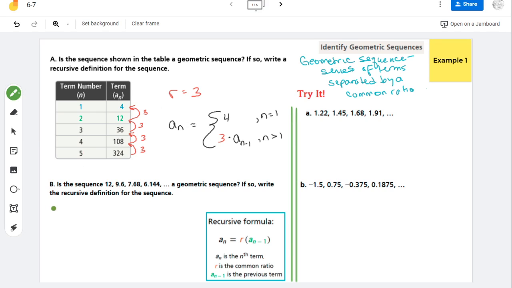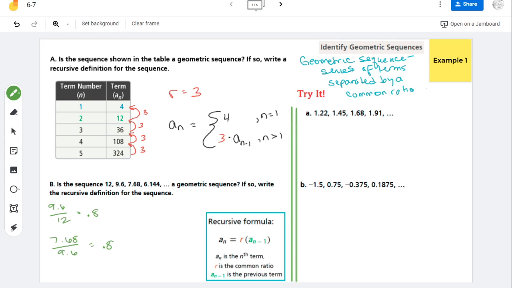If I do 9.6 divided by 12, I get 0.8. If I do 7.68 divided by 9.6, I also get 0.8.